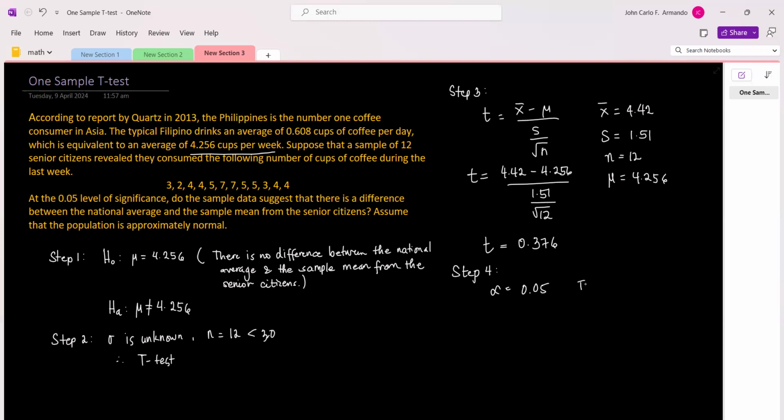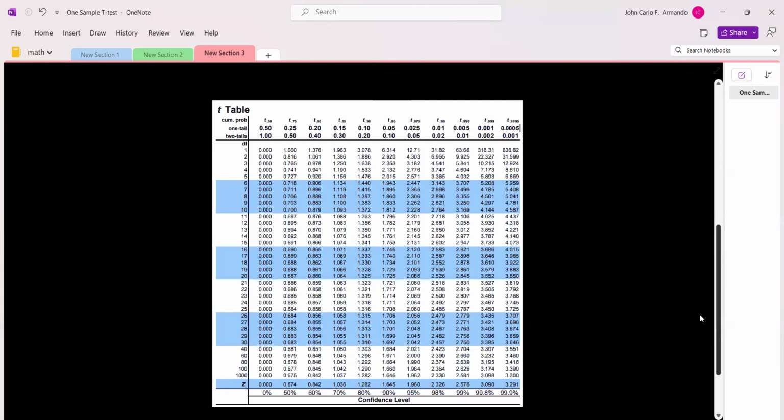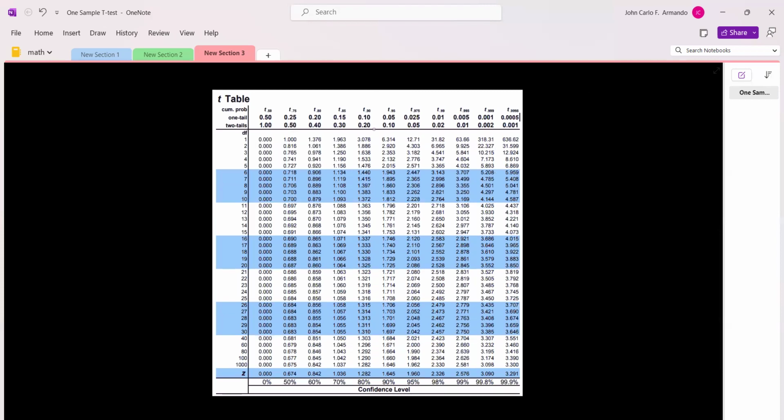So this is a two-tailed test, right? Then what we are going to do here is to find the degrees of freedom, because we have T, so n minus 1, and that is equal to 12 minus 1, which is 11. So we're going to find the critical value at DF equals 11 and at alpha 0.05 for the two-tail.